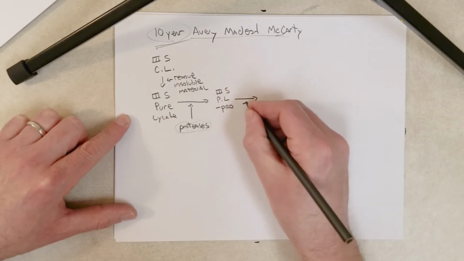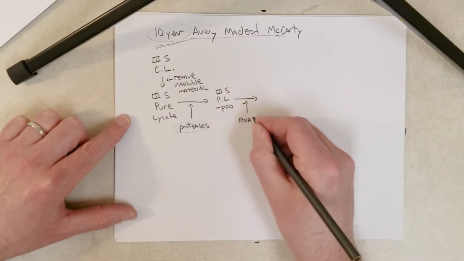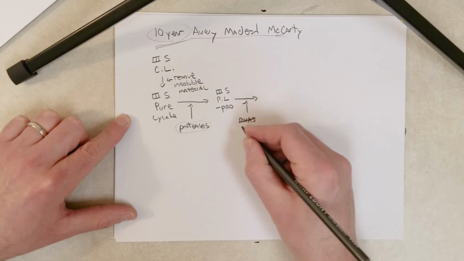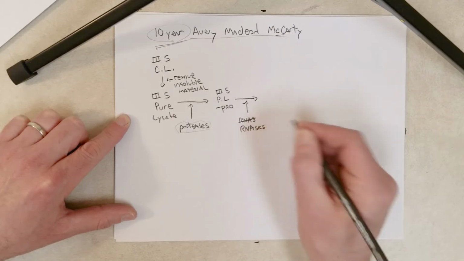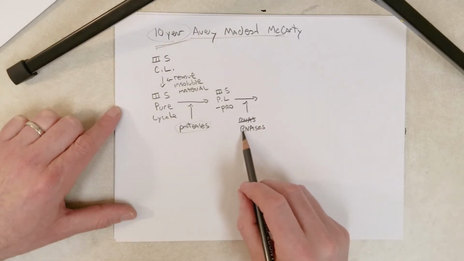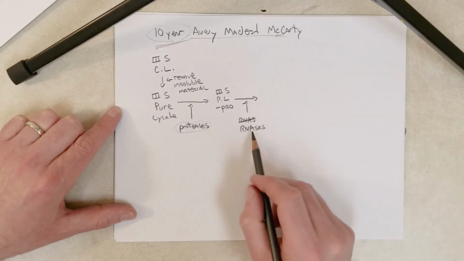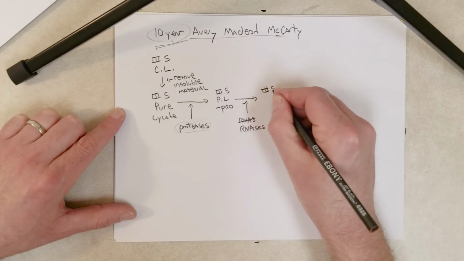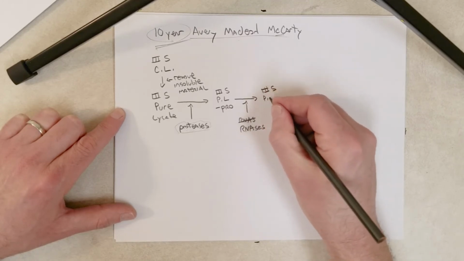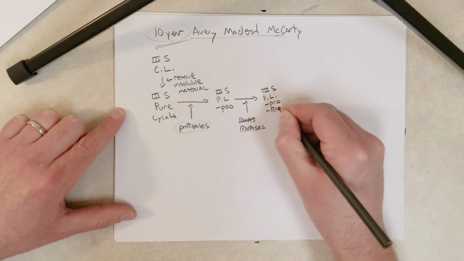They took that and they treated it with RNases. It's common to write it like this: capital R, capital N, capital A, and then S-E-S. Now these are enzymes that degrade RNA. So we have 3S purified lysate minus protein minus RNA.